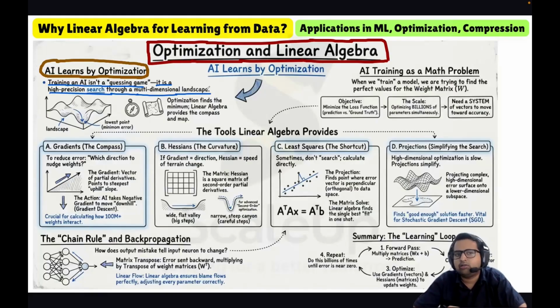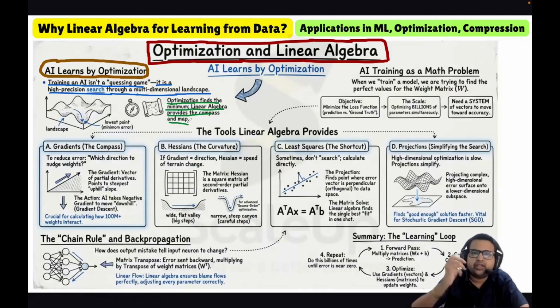Optimization is the process of finding the lowest point, the minimum error, in that landscape. And linear algebra provides the compass and the map, the tools needed to find the lowest point in that landscape.